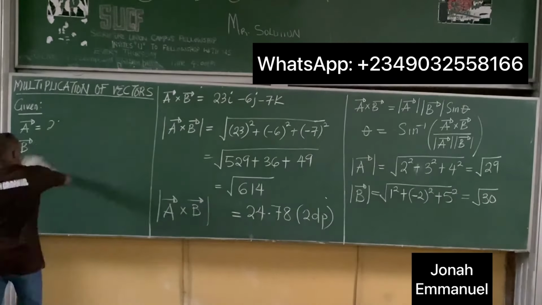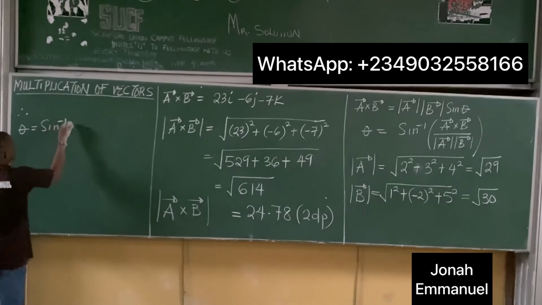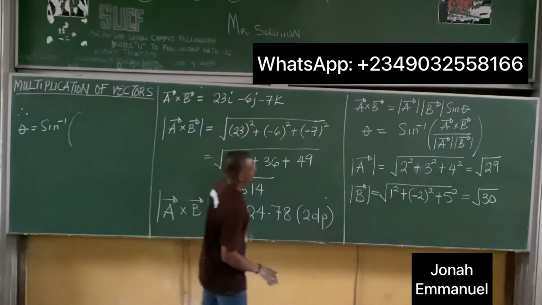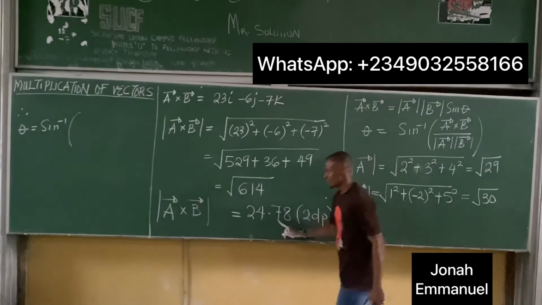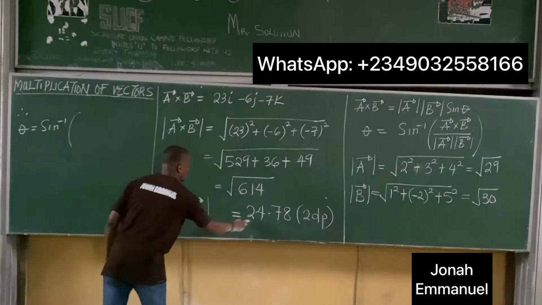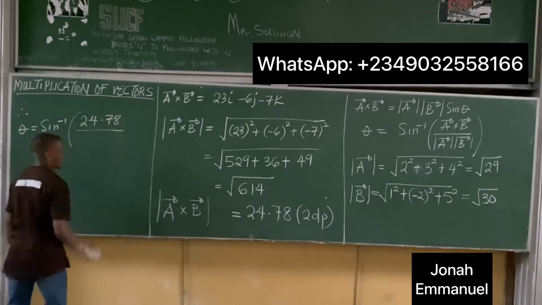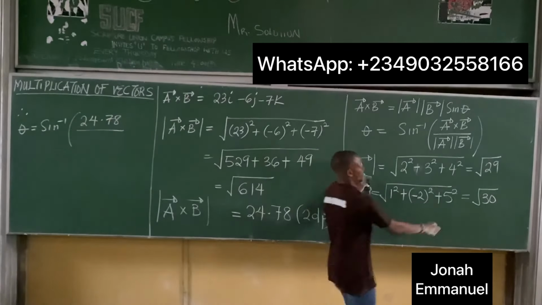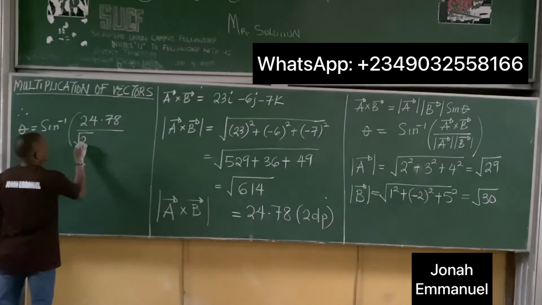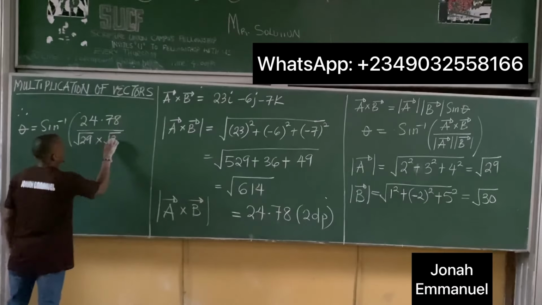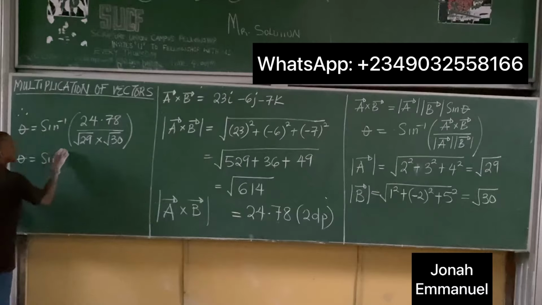Alright. So therefore, theta is equal to sine inverse of the cross product of A and B. I'll be using the magnitude value, which is this. A cross B in magnitude is 24.78 all over the magnitude of A, which is root 29, times root 30. So theta is equal to sine inverse.